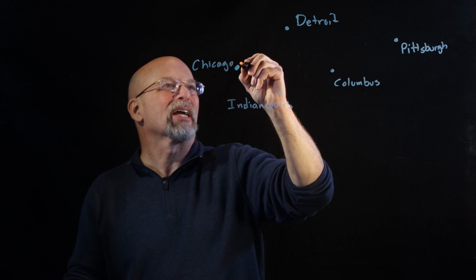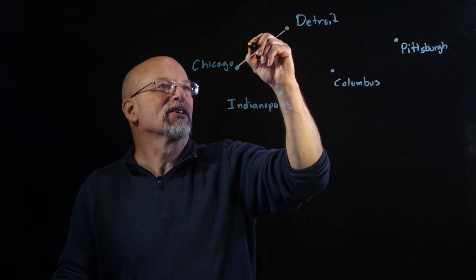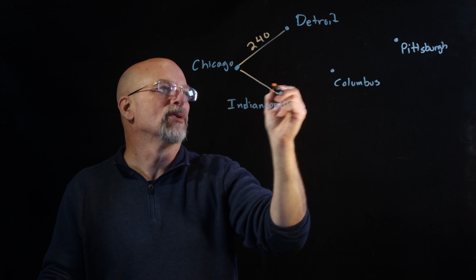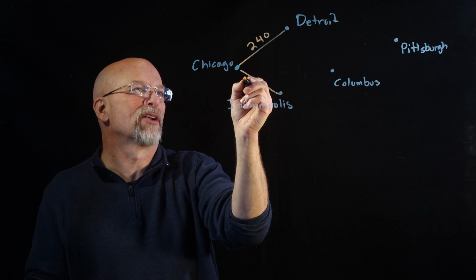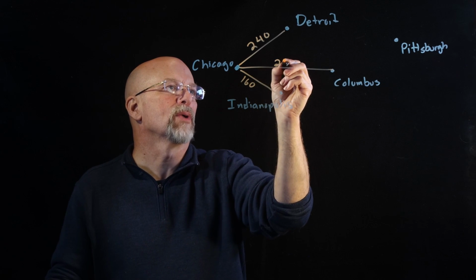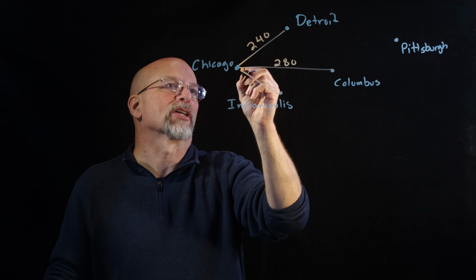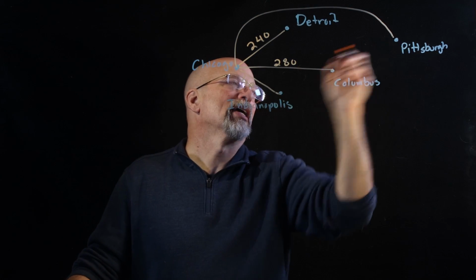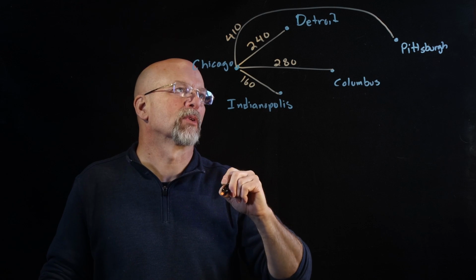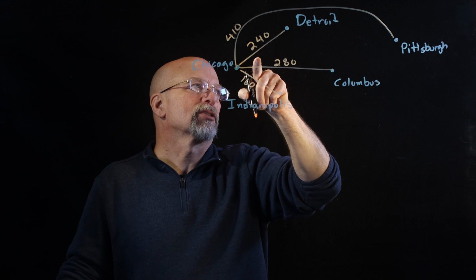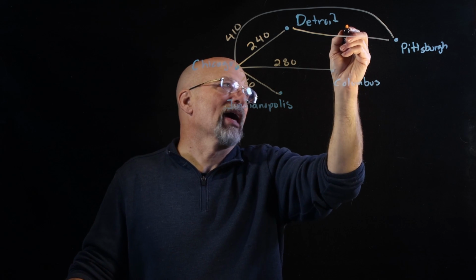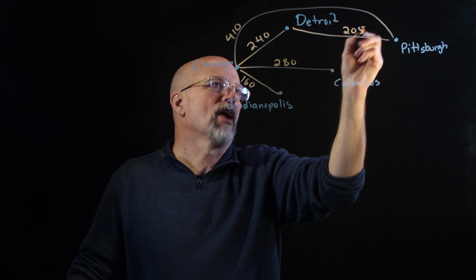All right, so Chicago to Detroit is 240 miles. Chicago to Indianapolis, well, that's 160 miles. Chicago to Columbus, 280. And Chicago to Pittsburgh, 410. All right. Now, Detroit to Chicago is 240. Detroit to Pittsburgh, that is 205.